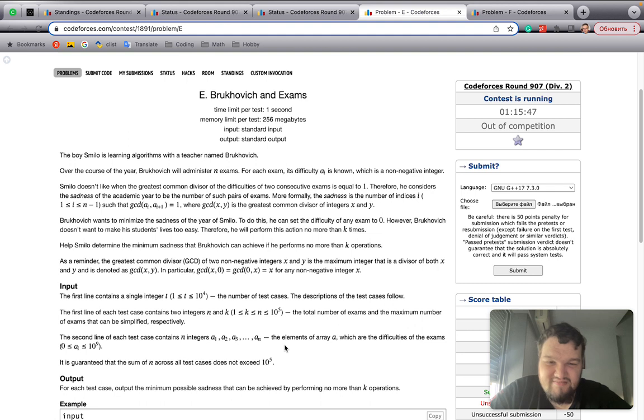So basically, we remove this exam and make both consecutive pairs good. Except if one of them has 1. Okay. He doesn't want to make his students' lives too easy, therefore he will perform the operation no more than k times.